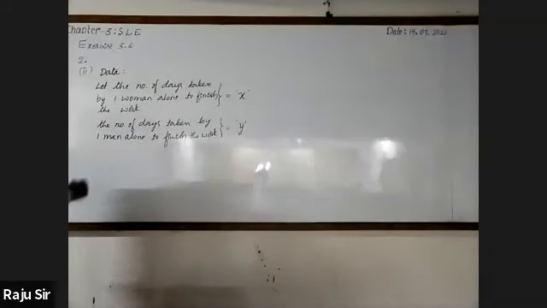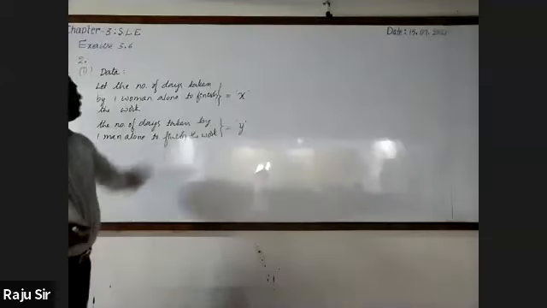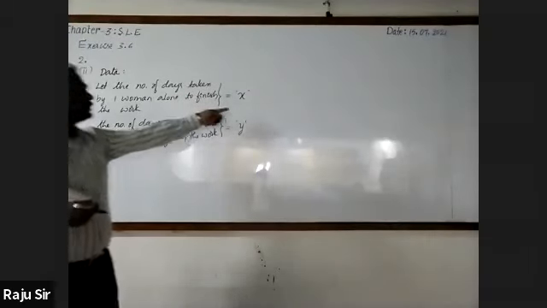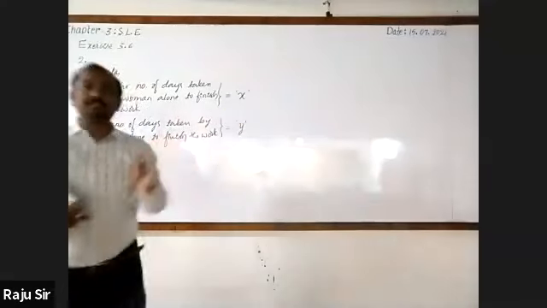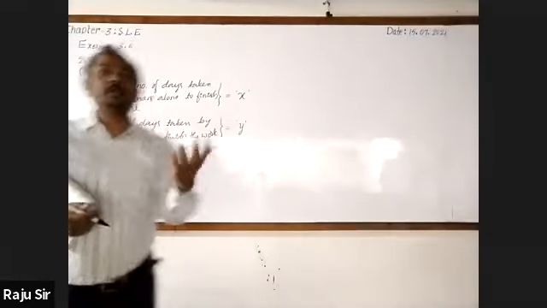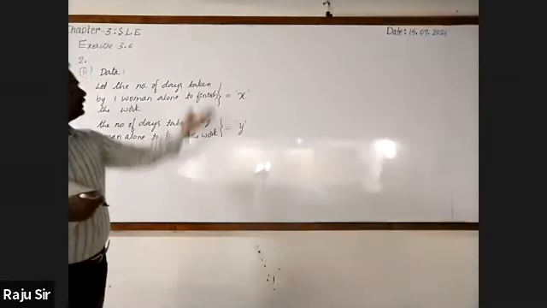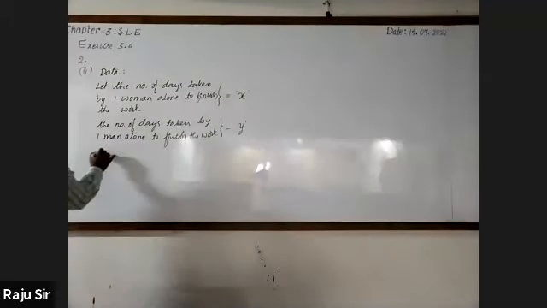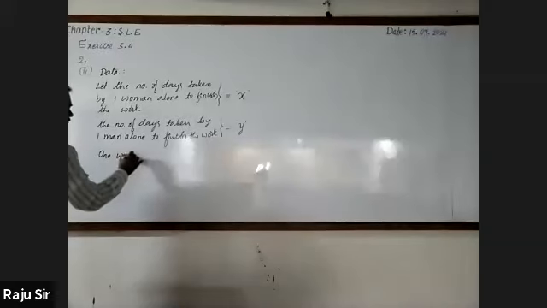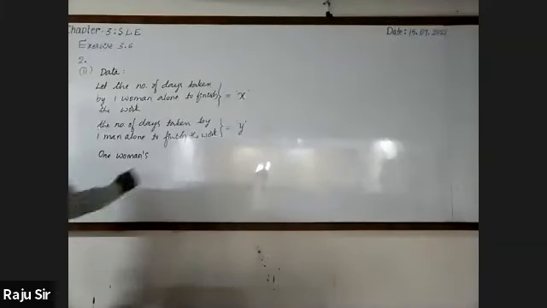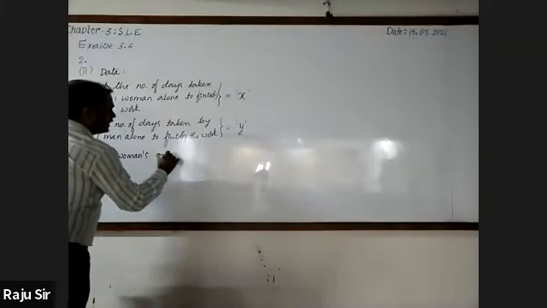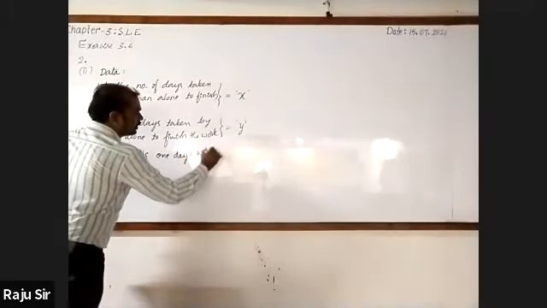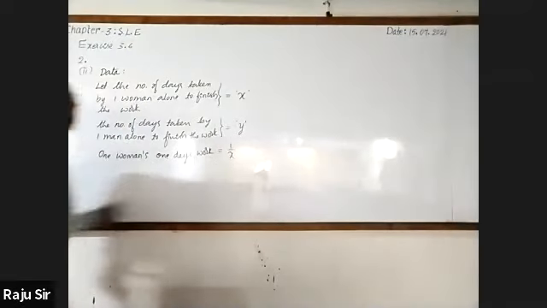Next, one woman will take a total of x number of days to finish the work. In 1 day, how much work can she do? 1 by x. So I'll write: one woman's 1 day's work is 1 by x.